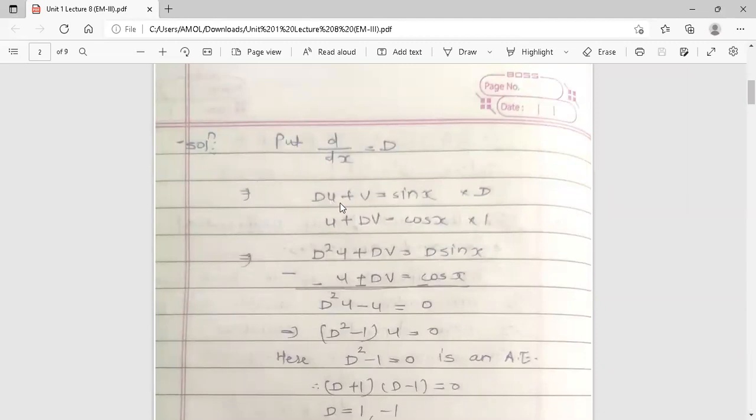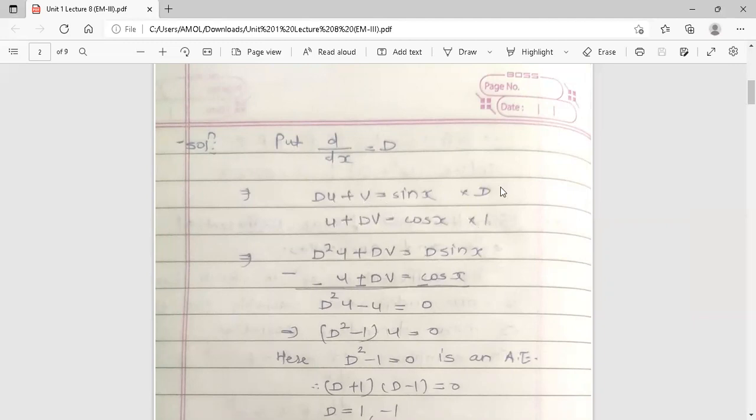Now you remove either u or v, and you will get an equation in terms of u and x, or v and x. Now we are going to remove v. To remove v, you multiply the first equation by D and the second equation by 1. So the first equation multiplied by D gives D square u plus Dv is equal to D sin x.